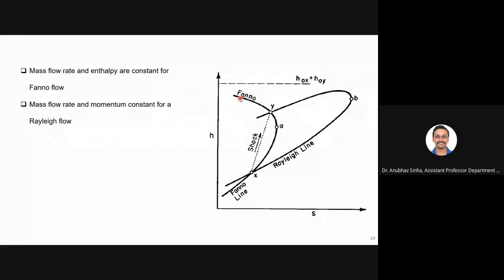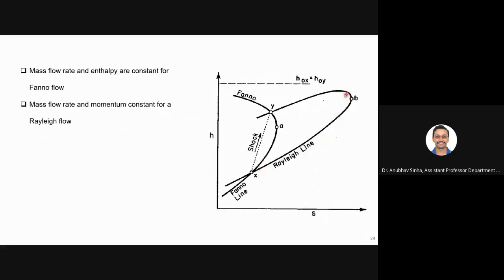So if my line is lying on this Fanno curve, it has no heat transfer. Friction is allowed, but it is not compulsory; the no friction case, factor F equal to 0, can also be drawn on a Fanno line. Similarly, the Rayleigh line says that friction will not be there, and heat transfer is allowed, but zero heat transfer is also a case that falls on this line.